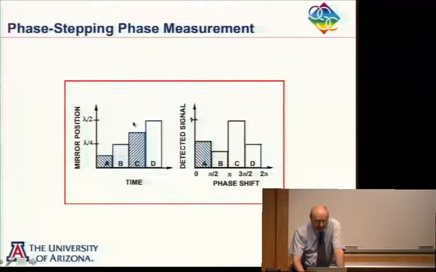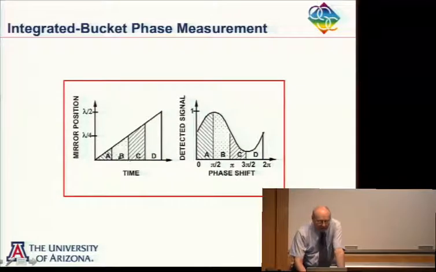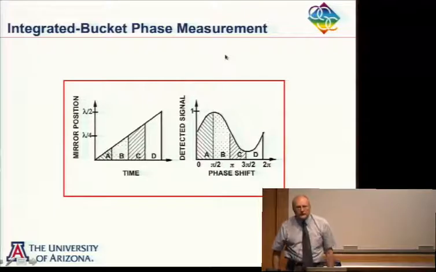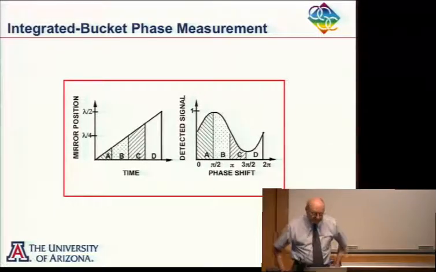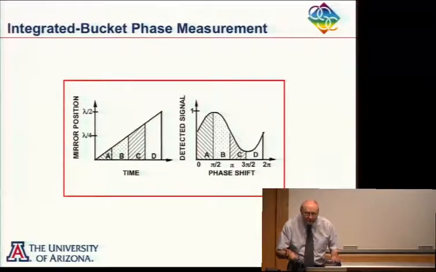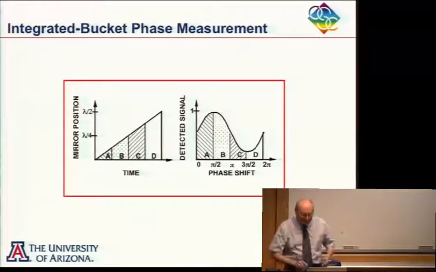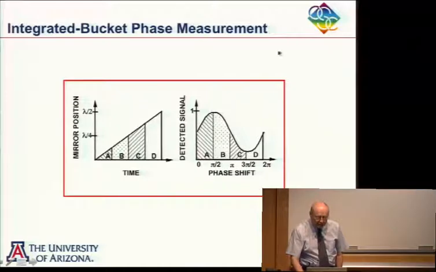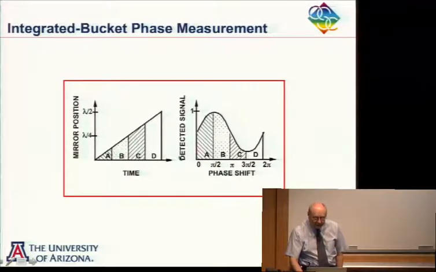The advantage here is that I can take the data fast. I don't have to wait for the mirror to settle. I can just get the mirror moving, and then I can take the data faster. Or I can be using one of these frequency shifters that we talked about before, the Bragg cell, the Zeeman split laser or whatever, where I have a frequency shift between the two beams, and so I'm getting a sinusoidal intensity pattern with time.